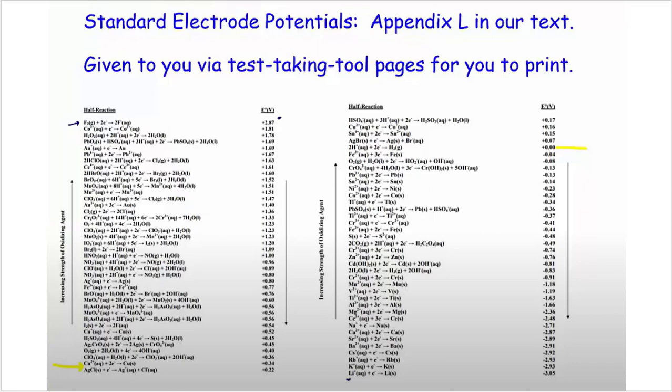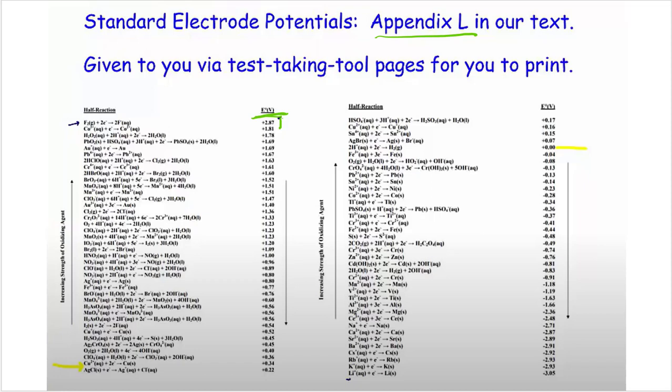One thing to note with this table: in some books, I believe the one in the online text, they're listed alphabetically. This one is listed in voltage going from highest to lowest. The values will be the same. This one just happens to be in order of voltage, highest to lowest, and the one in the book I believe is alphabetical.